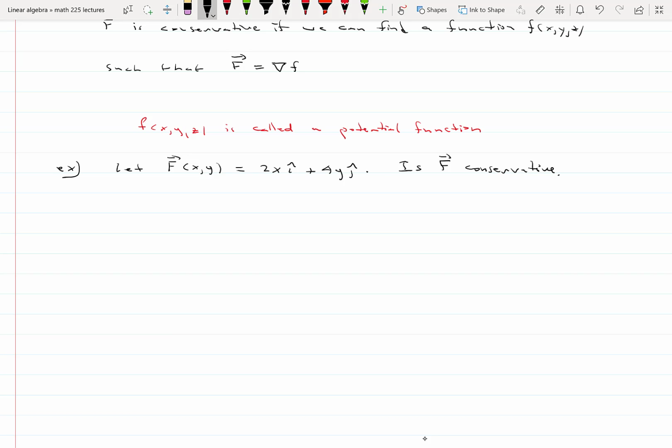That is, can we find a scalar function such that the vector field F is the gradient of that scalar function? That is, is there a function f of x, y such that my vector function is the gradient of that scalar function f of x, y?